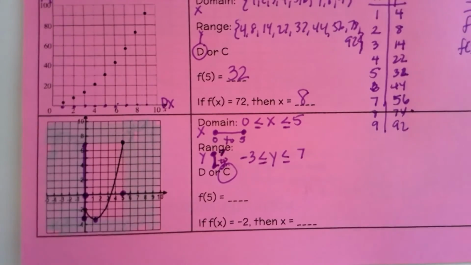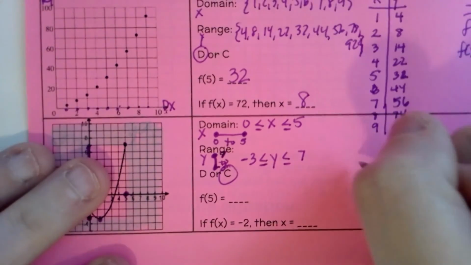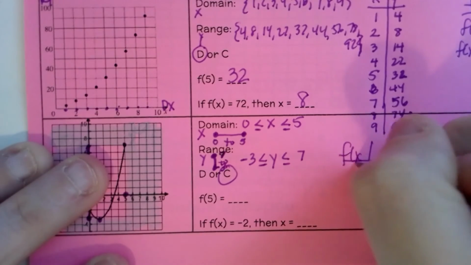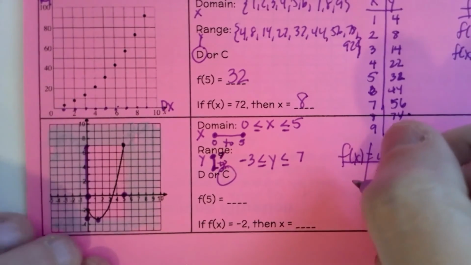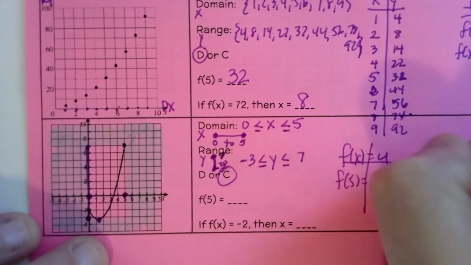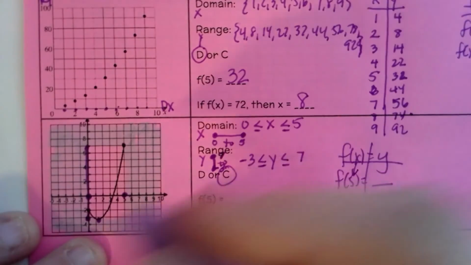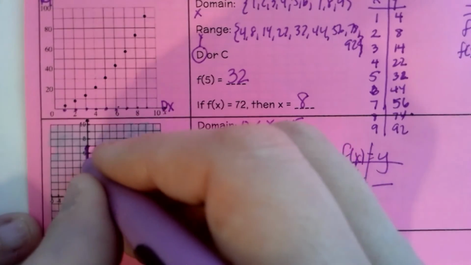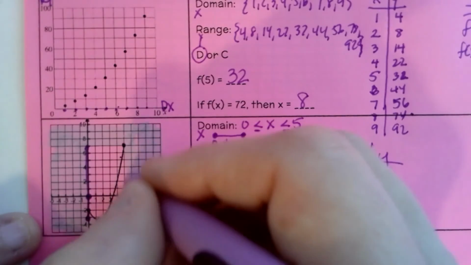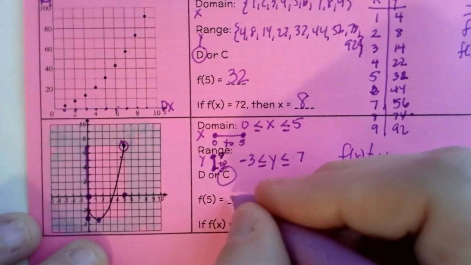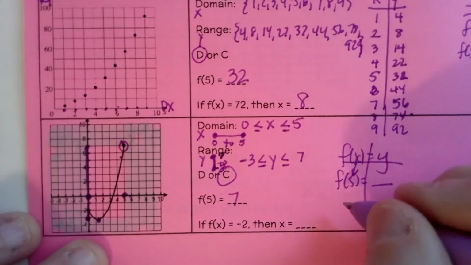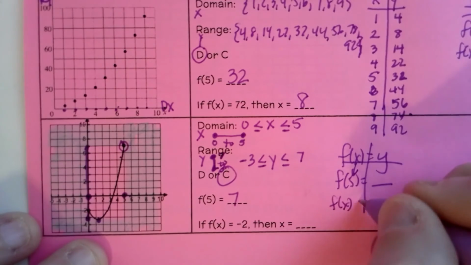Okay? Now, let's look at this function notation. Remember, f of x equals y. This time they say f of 5 equals what? Well, that means they gave me an x value. When x is 5, y, what? Oh, when x is 5, y is 7. Okay? F of x equals negative 2.